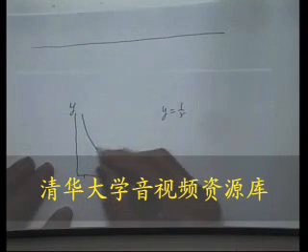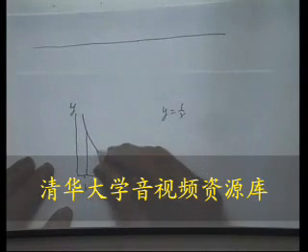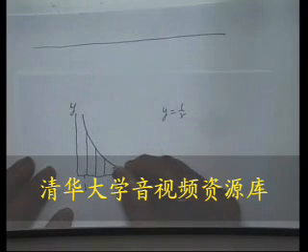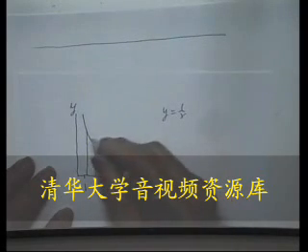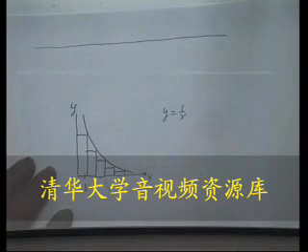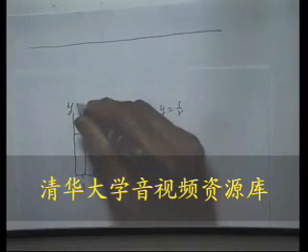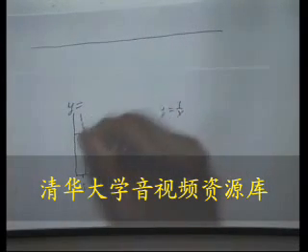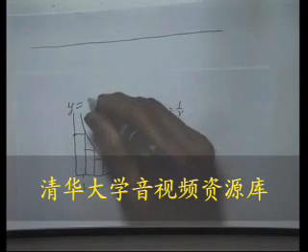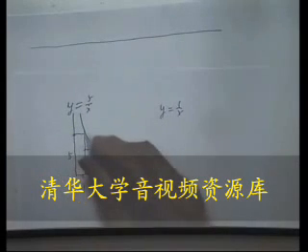I think what he wants to say is, let's say this is a number, the way that I draw it, maybe 5 over x.